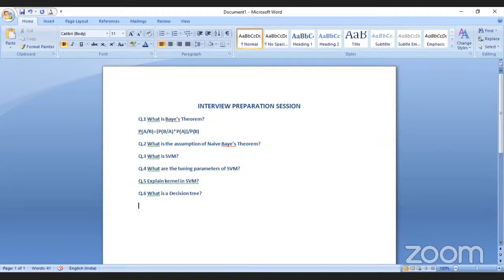It is a tree-like structure, which is why it has the name decision tree. In it, each internal node represents a test on an attribute, each branch represents the outcome of the test, and each leaf node represents a class label.